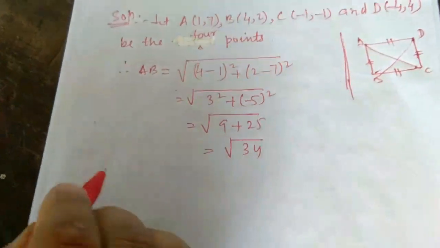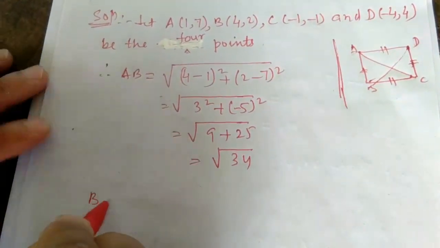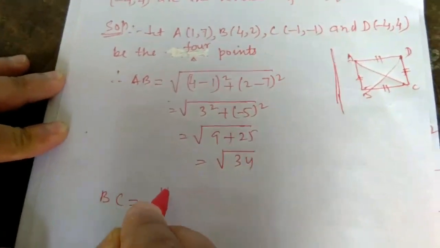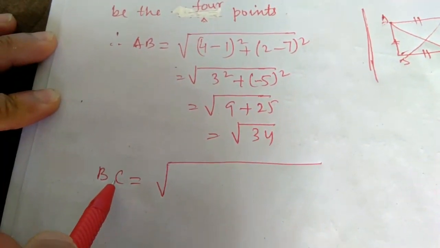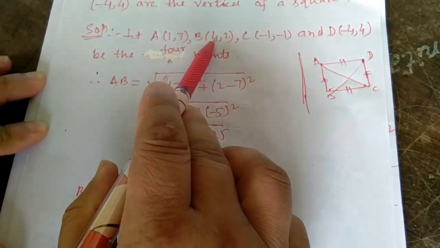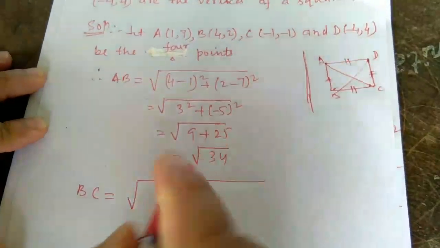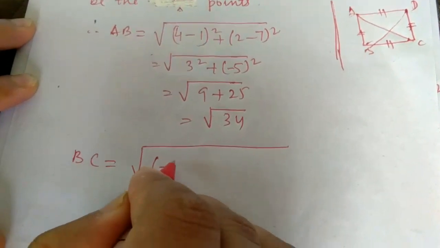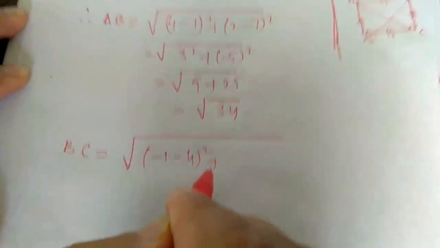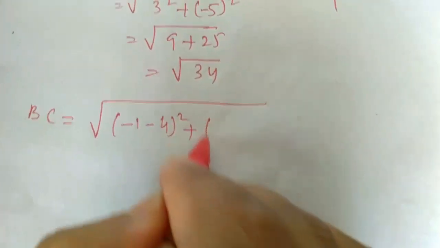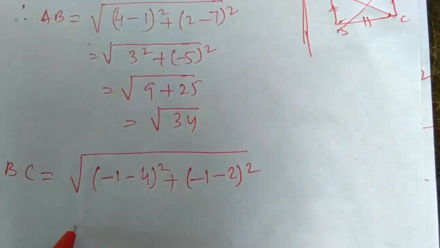Again, you have to find BC now. BC means the distance between B and C. So the coordinate of C will be x2, y2 and B will be x1, y1. Formula: root over (x2 minus x1) whole square plus (y2 minus y1) whole square.